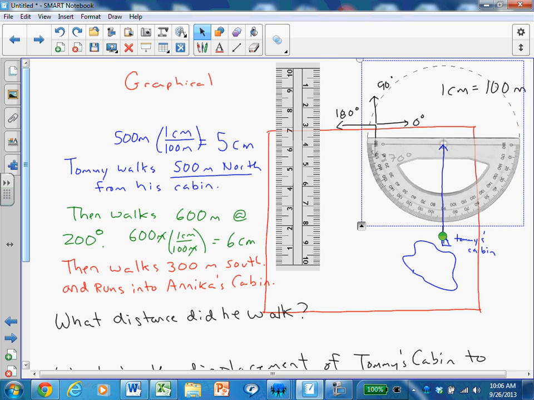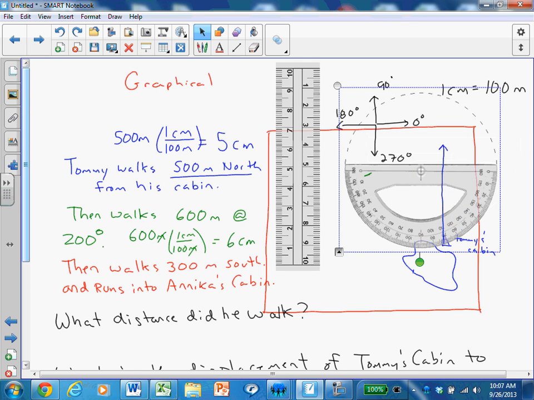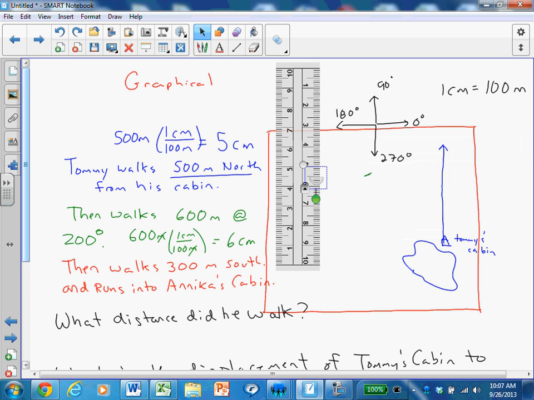This is 180, that's 90, that's 200, right? 0, 90, 180, 190, 200. So I'm going to make a little tick there where the 200 degrees would be. And we'll shrink this down, get it out of the way.